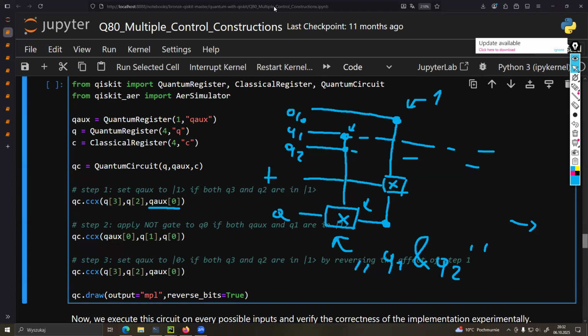And when I need to apply error correction, I need to also apply even more. So this is why it is so hard to scale these algorithms, because suddenly you need way more resources than you anticipated.